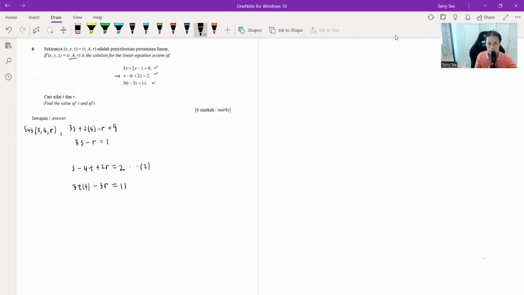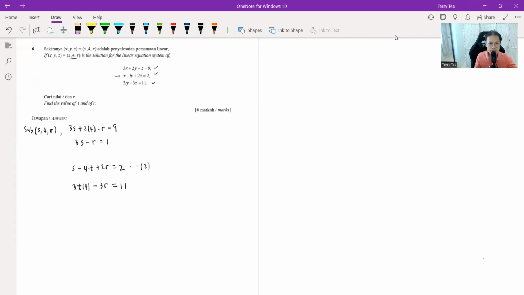But the first equation you have s, another variable. The third equation you have t. So if I make s the subject, I will be able to express s in terms of r. And I make t the subject from the third equation, I'll be able to express t in terms of r. As I sub both inside equation number 2, I'll be getting rid of s and t. I'll be able to find r, right?